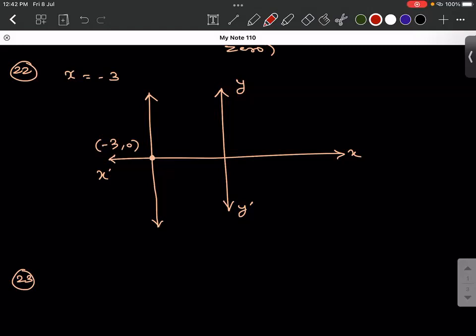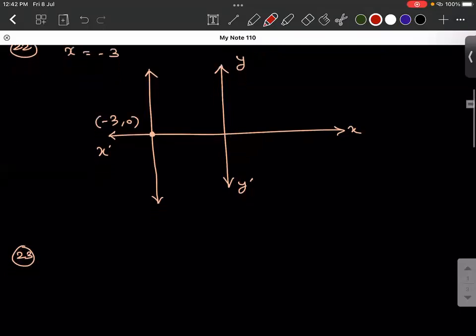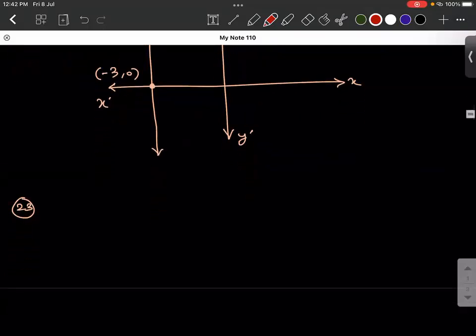Next one, total. Repeat it again, 23rd. Okay, total chocolates available are 10.